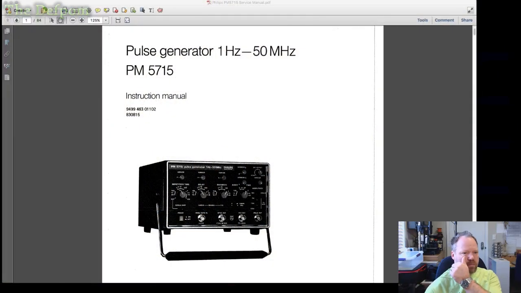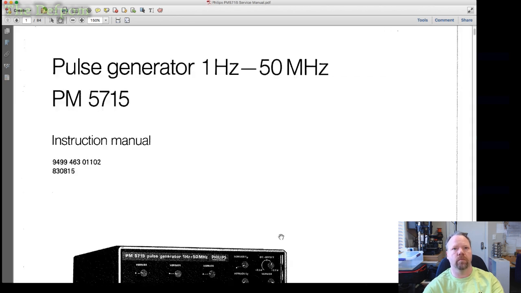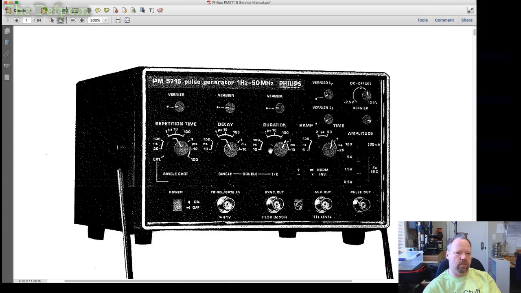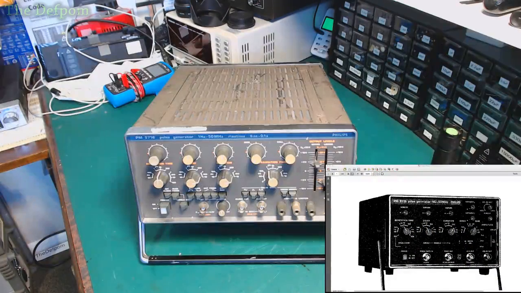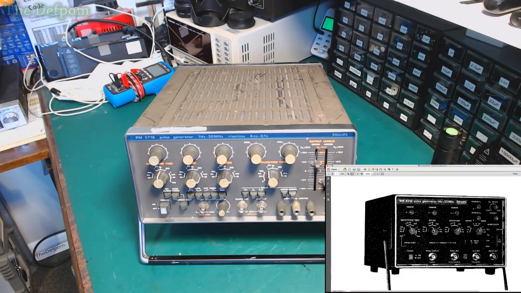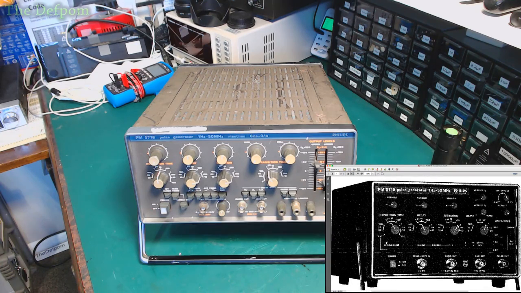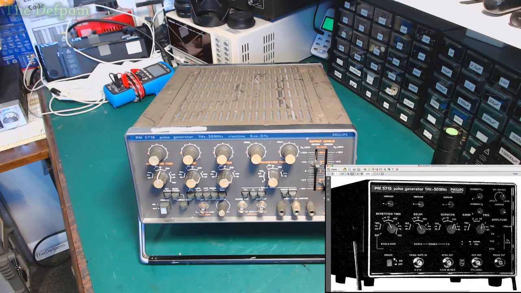Alright, so here's the manual, which, if I make it a bit bigger, you can probably see, is similar. There you go. There are some similarities between them, but they are different.